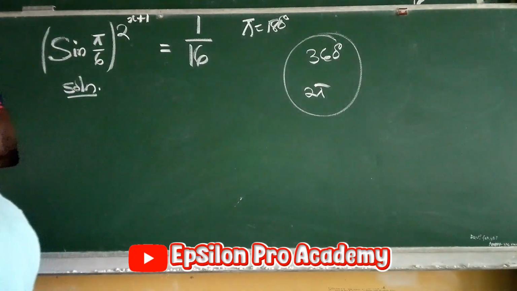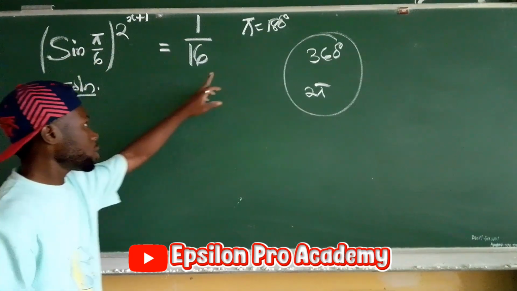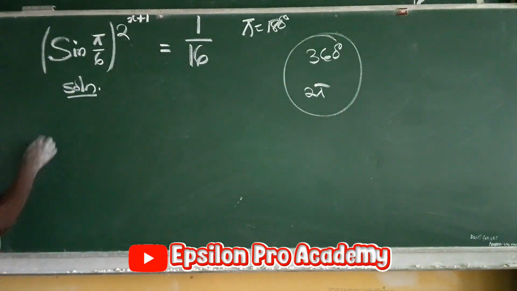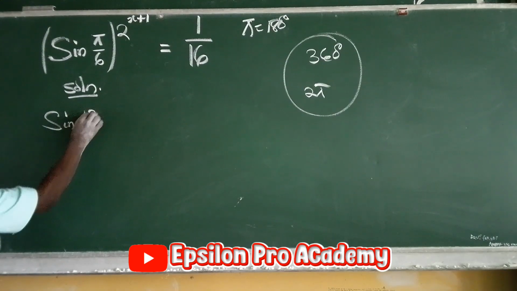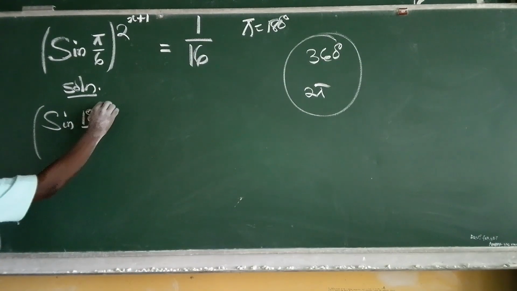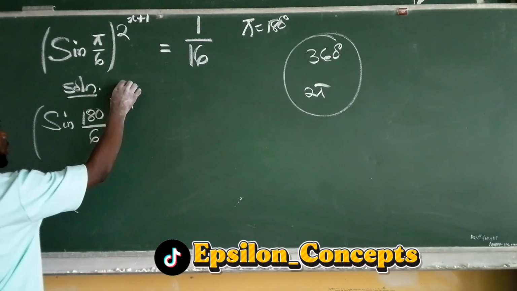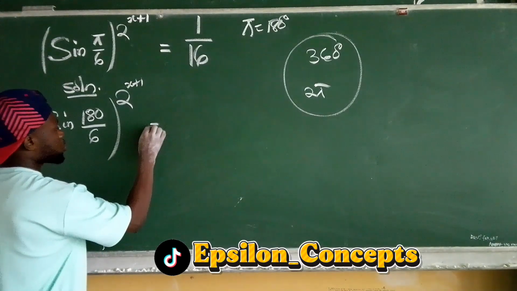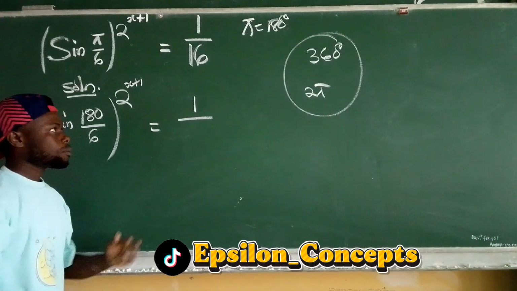To solve this question on the board, we are going to substitute the value of π as 180 degrees. That gives (sin(180 degrees divided by 6))^2, and this is raised again to the power of x plus 1, which equals 1 over 16.